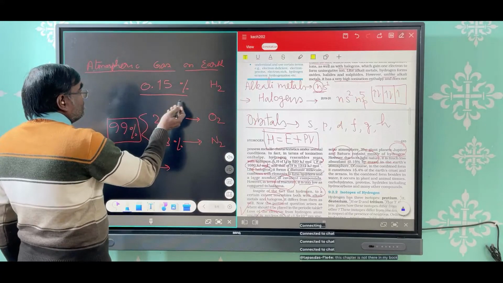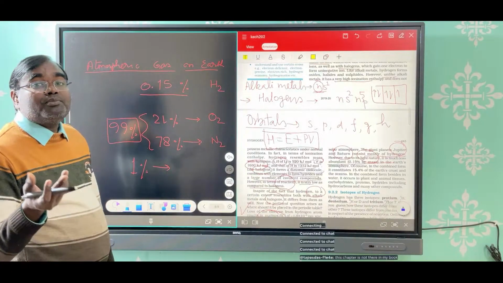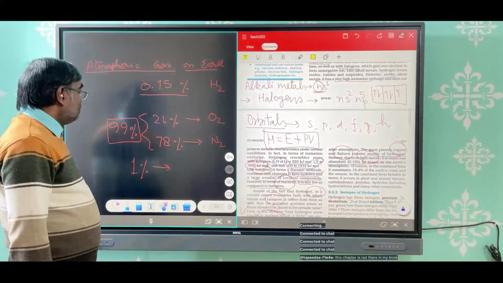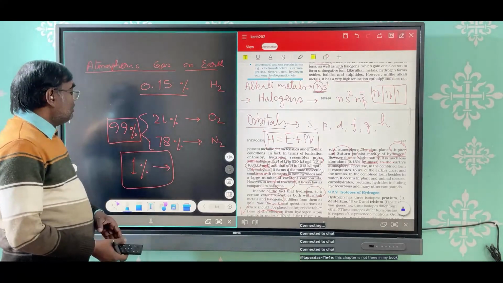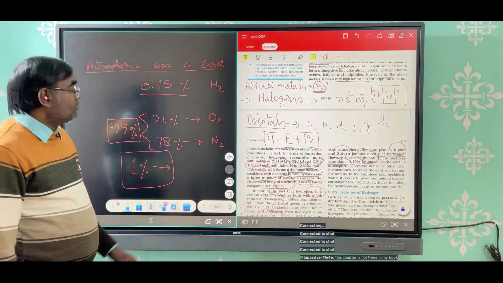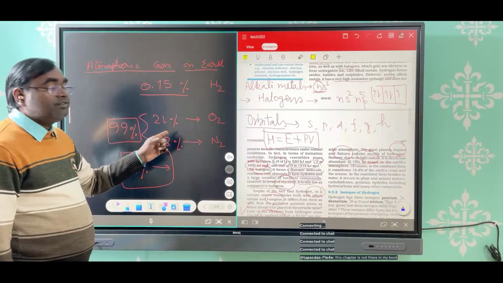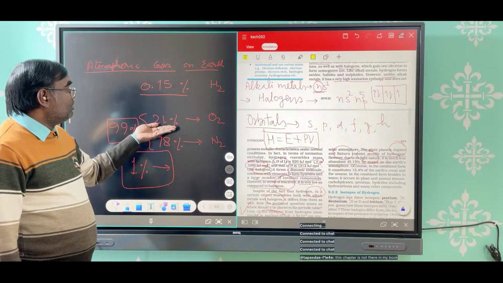And out of that, hydrogen is 0.15%. Carbon dioxide is 0.003%. So out of 1%, all other gases are there in the atmosphere. What makes the beauty of this atmosphere is the 78% and 21%.